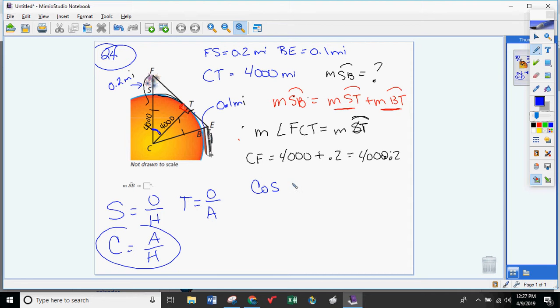The cosine of angle FCT is going to equal the adjacent, which is 4,000, over 4,000.2. And again, you may not remember this from Algebra 1. We'll be reviewing it next week. To figure out what the measure of the angle is, I have to go to my calculator and do inverse cosine.